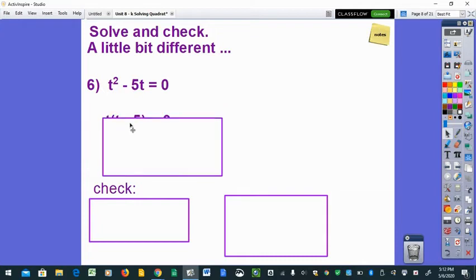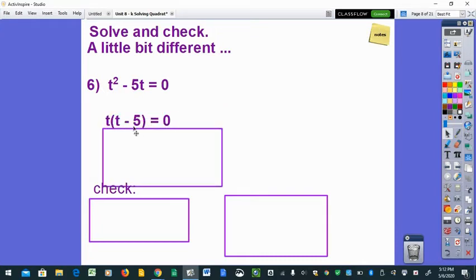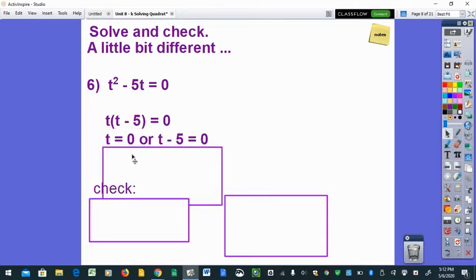We would have t out in front times t minus 5. We still can do our zero product rule because we have two things multiplying to 0. T is 0 or t minus 5 is 0. So here are our two statements. This one takes absolutely no thought. This one we just have to add 5.